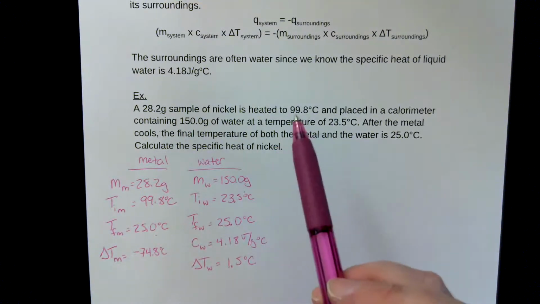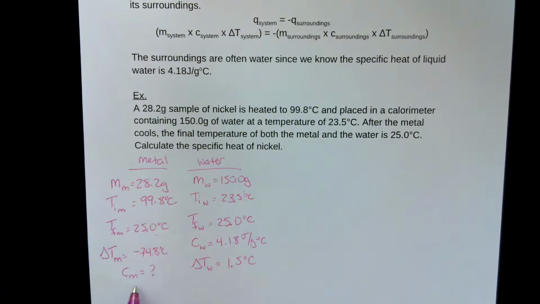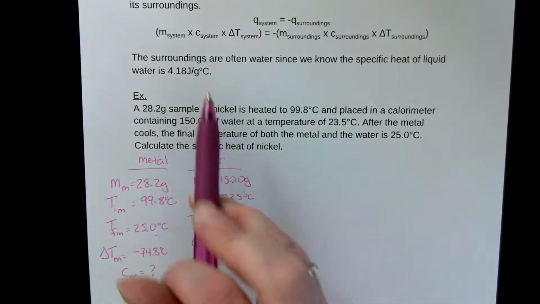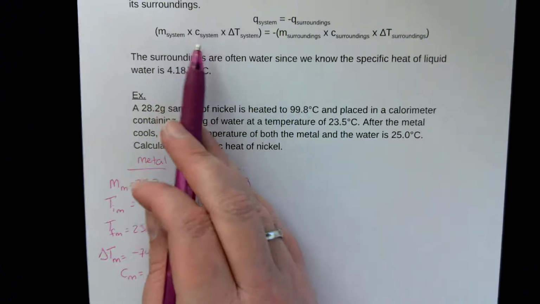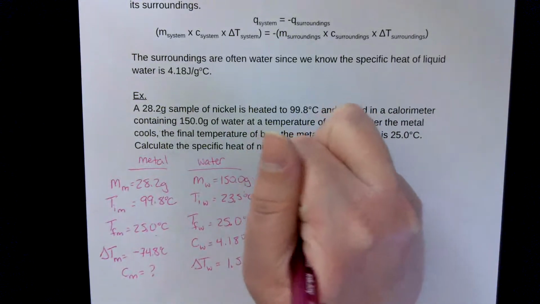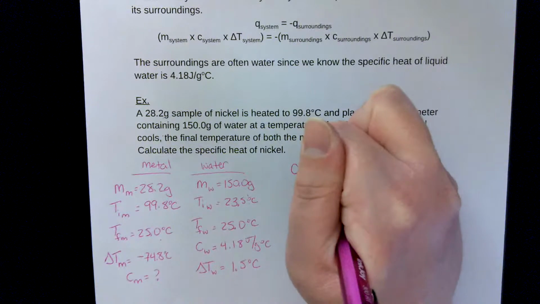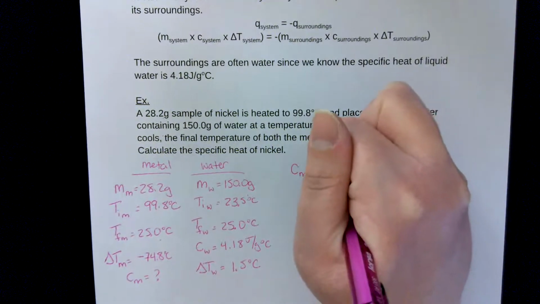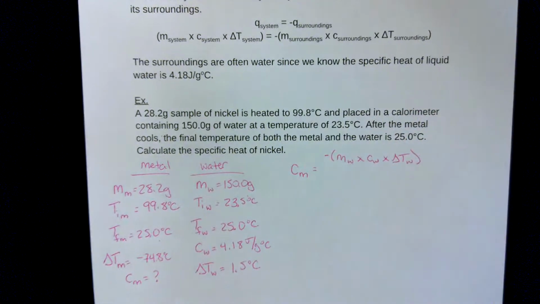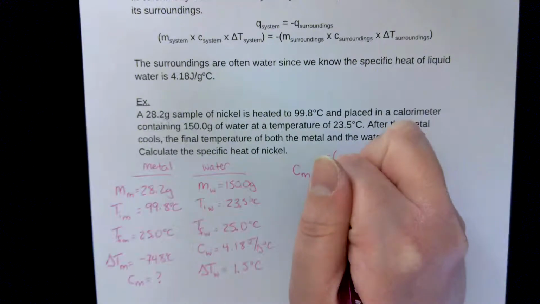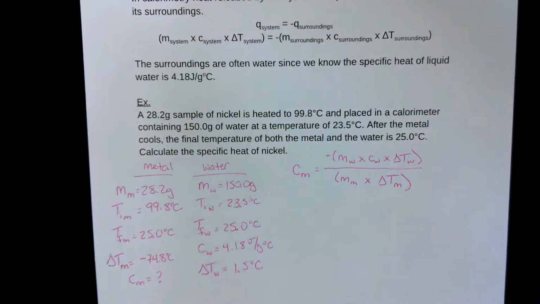And if I want to save myself a little bit more time, considering that I am ultimately trying to solve for the specific heat of the metal, which we are thinking of as the system, if I want to rearrange this equation to solve for the C of the system, then that equation rearranges to give me the specific heat of the metal is going to be the opposite of the mass of the water times the specific heat of the water times the delta T of the water divided by the mass of the metal times the delta T of the metal.